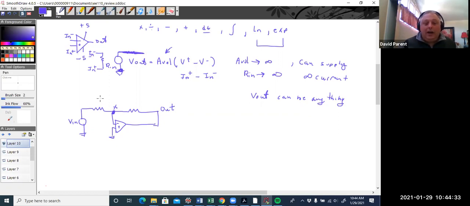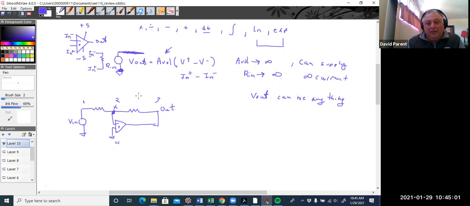Now, how many nodes are there? There's 1, 2, 3, 4. But we know this one because it's already tied to ground. We know node 1 because that's V in. We don't know Vx. And now, do we know out?